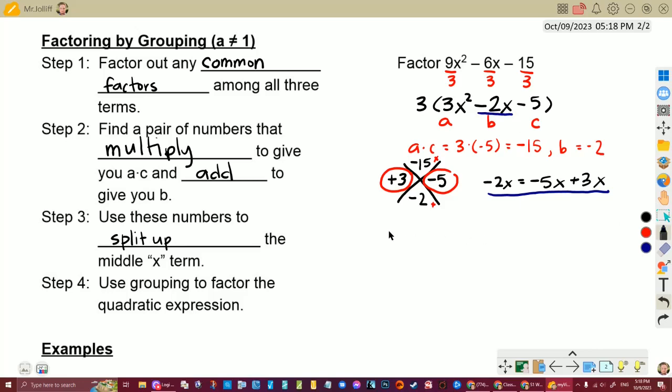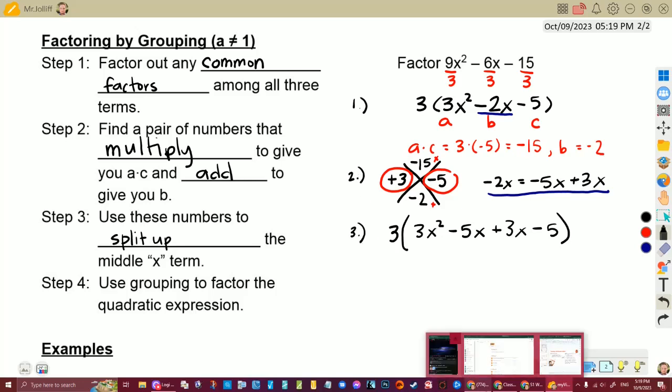We're going to rewrite it as 3 and then 3x squared, and instead of minus 2x, minus 5x plus 3x minus 5. So far, we've done step 1, we've done step 2, this is step 3, we're almost done.